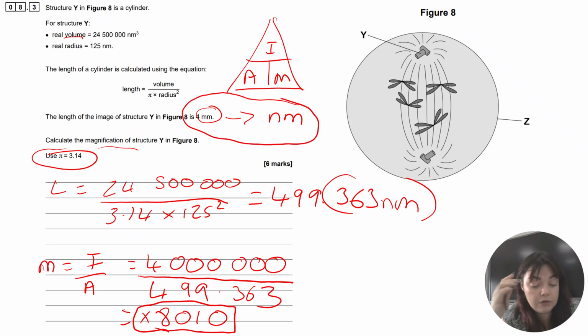Because if you've not done that, you're not going to get the full marks there. You get 1 mark for your substitution, 1 mark for the length, 1 mark for the AIM equation, 1 mark for the conversion, and 1 mark for the answer. If you've just written the answer and not done any other working, you will still get 5 marks, because that's how biology works.